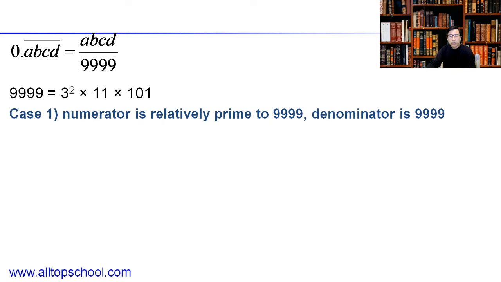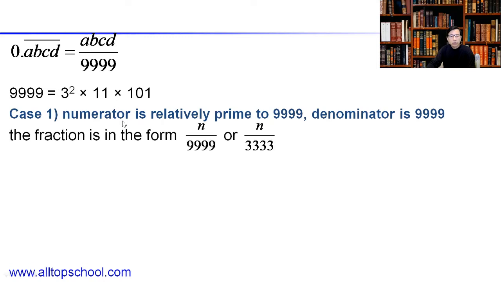It's easy to get the result. The fraction is in the form of some numerator over 9,999, or some number over 3,333, but anyway this n will be relatively prime to 3, 11, and 101, and then definitely relatively prime to the entire 9,999. How many such numbers?